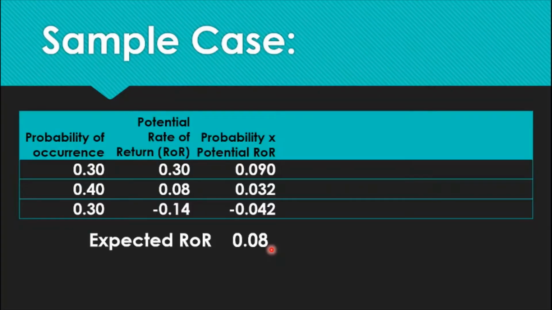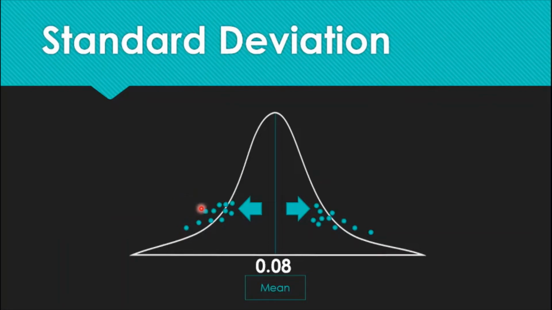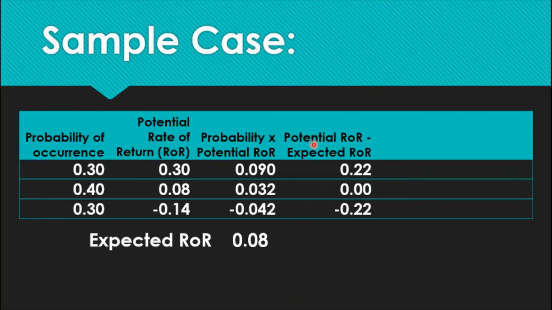We are now going to look at what can happen. It could be a 30% return or as low as negative 14%. So we are going to calculate this deviation. We want to know how spread out the actual results can be from the expectation of this 0.08 expected return. We're going to take the difference of the potential rate of return and the expected rate of return. You have here 30%.